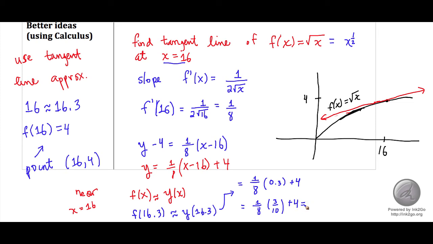So this is equal to 3 over 80 plus 4, which is equal to, let's see, 323 over 80.